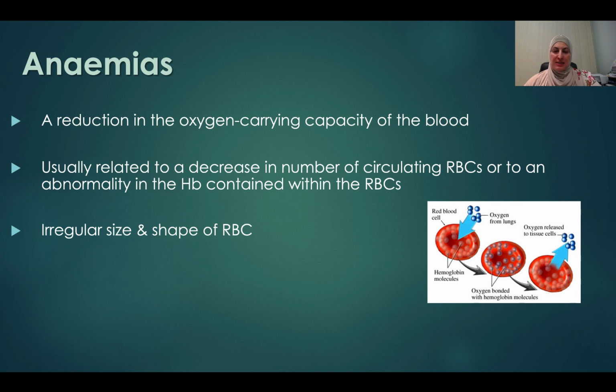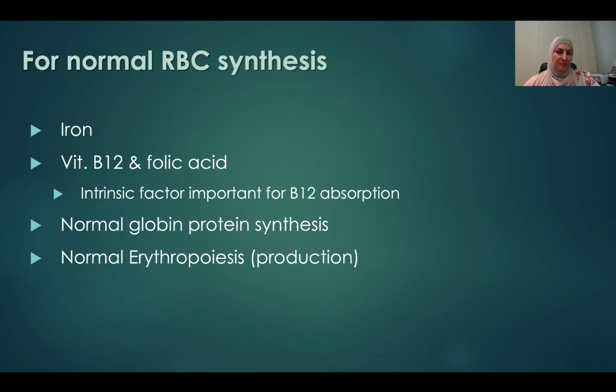The red blood cells could have irregular size, as we can see in microcytic anemia and iron deficiency anemia, or larger size, as in megaloblastic anemia, or abnormal shape of the red blood cells, as in the case of sickle cell anemia, where there's sickling of the red blood cell.